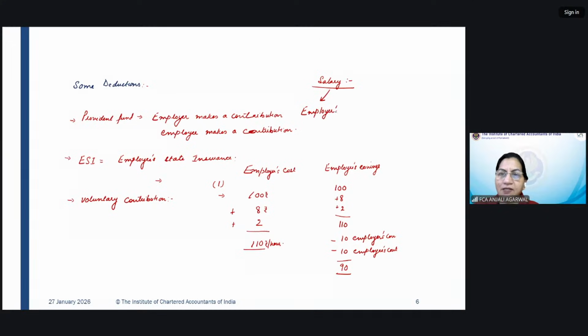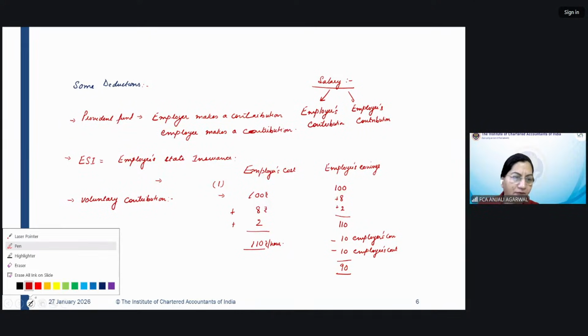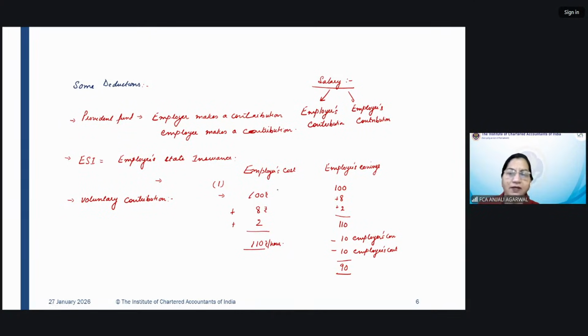So that is the employer's contribution, and the employee will also make a matching contribution, or maybe less or more. So these contributions to the funds are not paid to the employee when he gets his salary. These are deducted and deposited in the fund.